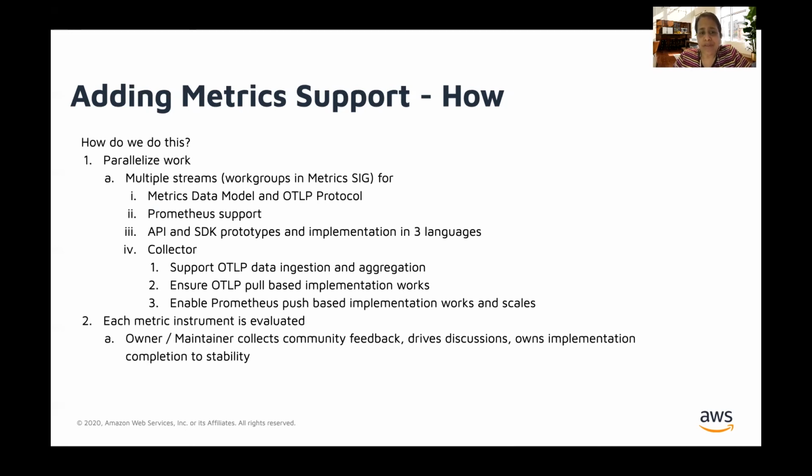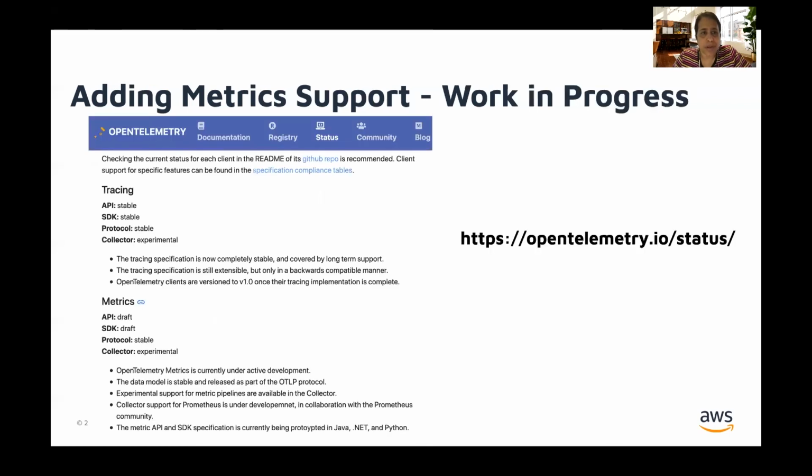And last but not least, there are clear maintainers who are owners, who collect community feedback, drive discussions, and own implementation to completion. In this large open source project, these parallel streams are super important because everybody collaborates, but at the same time, there are areas of focus which different folks are working on.